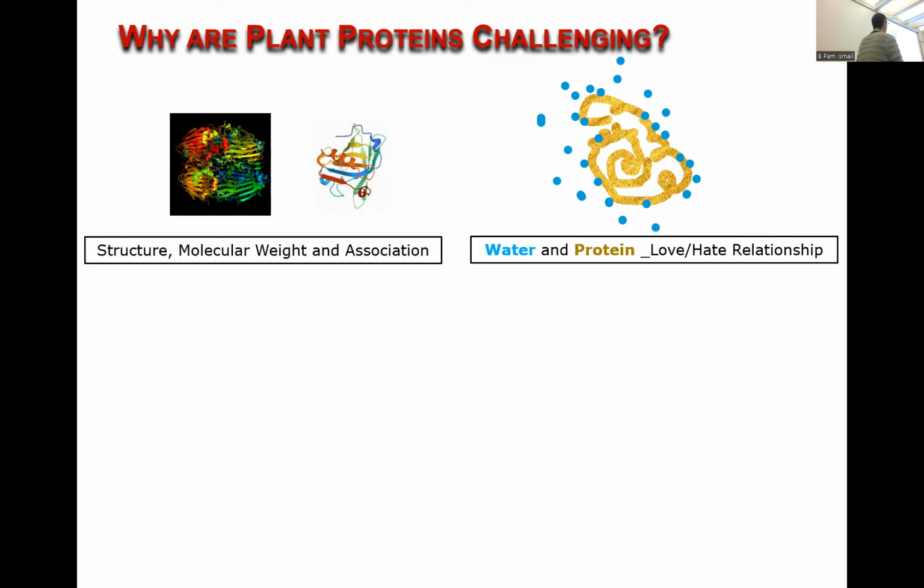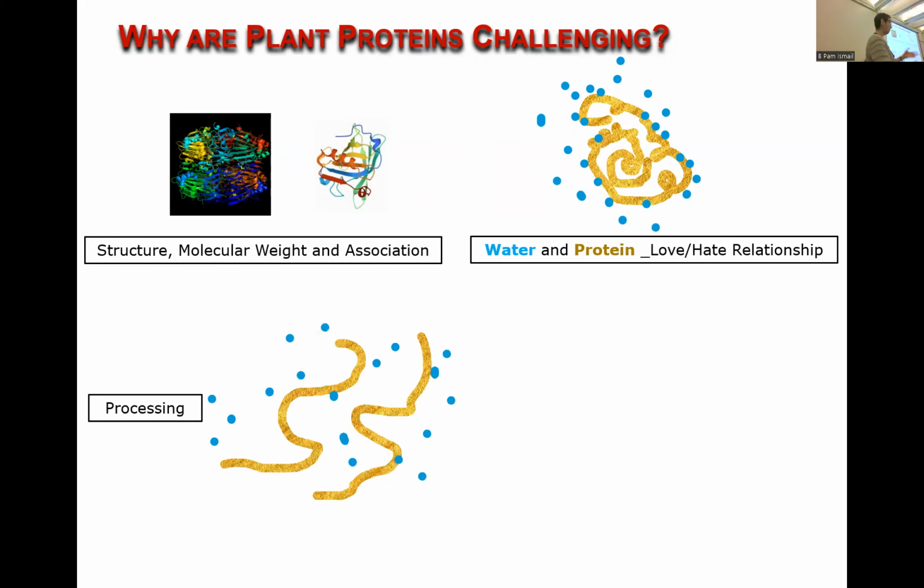Love-hate relationship, mostly hate with water. So not very soluble, especially if we heat process, we denature them even more, having higher surface hydrophobicity, forming large polymers, large aggregates. They're not going to be soluble in water. When we denature them, we are exposing all of the hydrophobic material plus the surface hydrophobicity that originally they had.